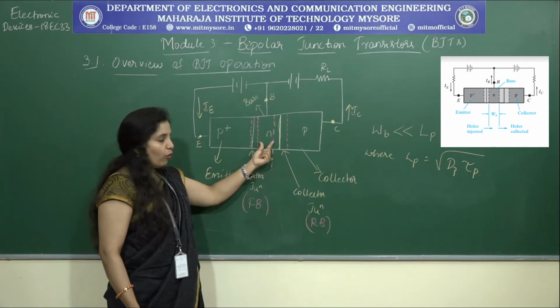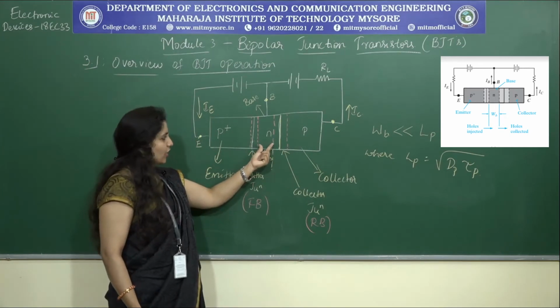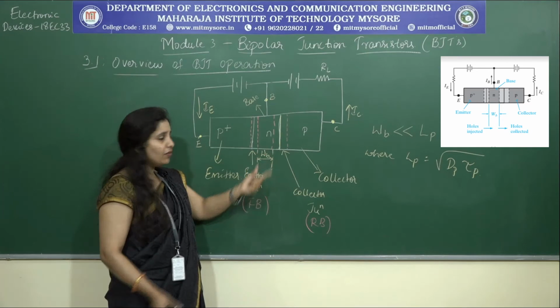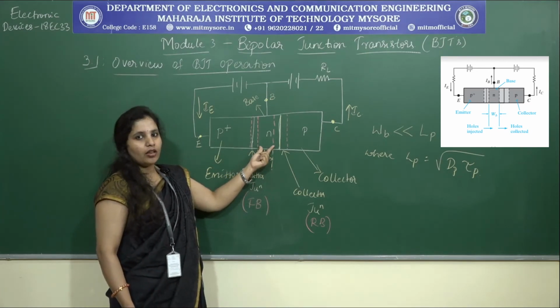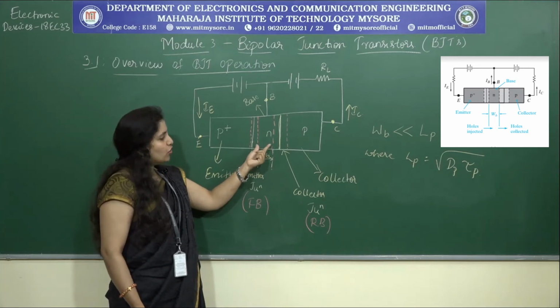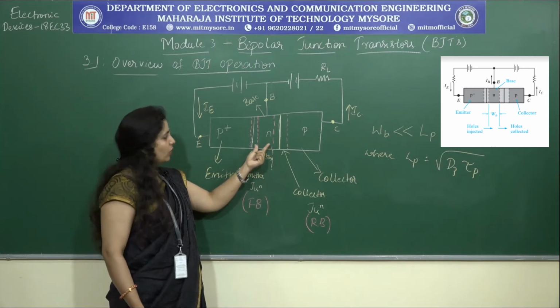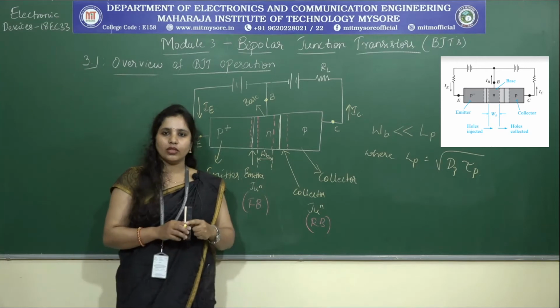Now we have one more current at the N region, the intermediate N region that I have, and this current is what we call the base current. What contributes to this base current is what we'll try to understand now. Done?